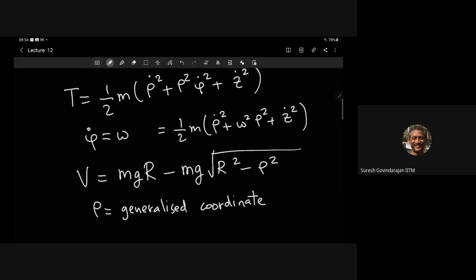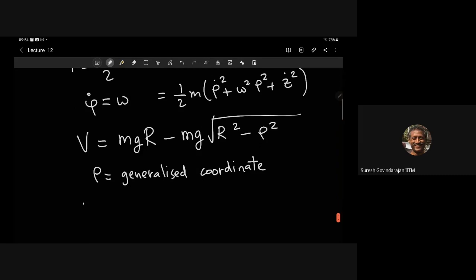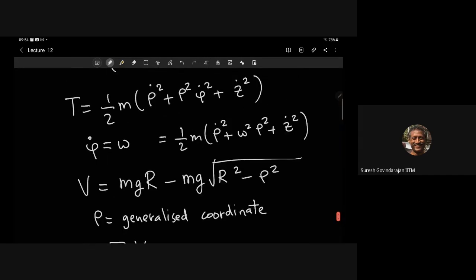So L is again T minus V, which you can go ahead and write. I'll stop here. But what I want you to see is the kinetic energy here. Now what we are seeing is that there's a term which is half m omega square rho square, which is a function of rho, and we would naturally think of it as some kind of potential.